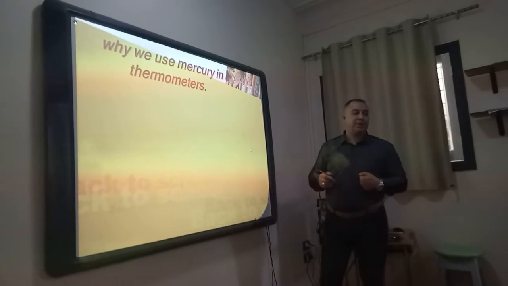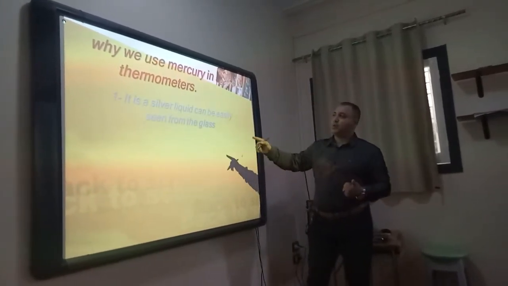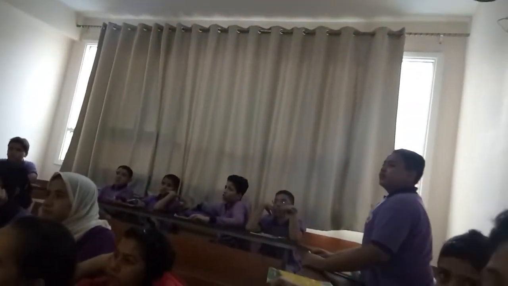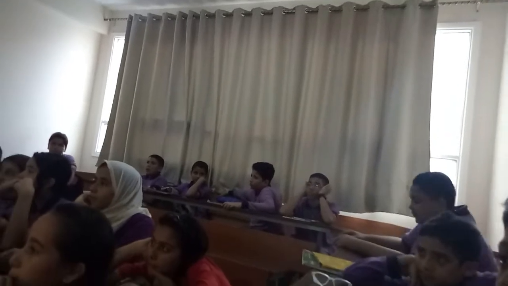Why do we use mercury in the thermometer? As we said before, number one, the silver liquid can be easily seen through the glass. Number two, it is a good conductor of heat.